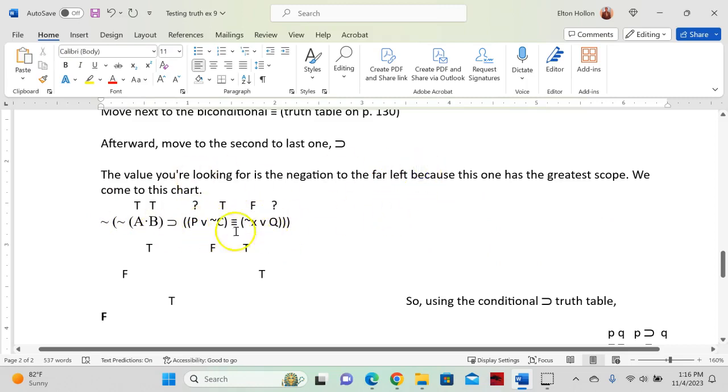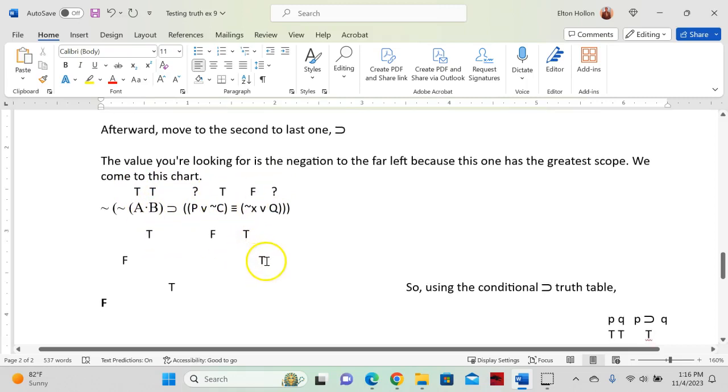So we come to this chart. Here's the sentence with the truth values for all the terms that were given in the instructions. As we move through the smaller scopes, we can get the truth values for some of the terms. And you just go step by step to the final step.